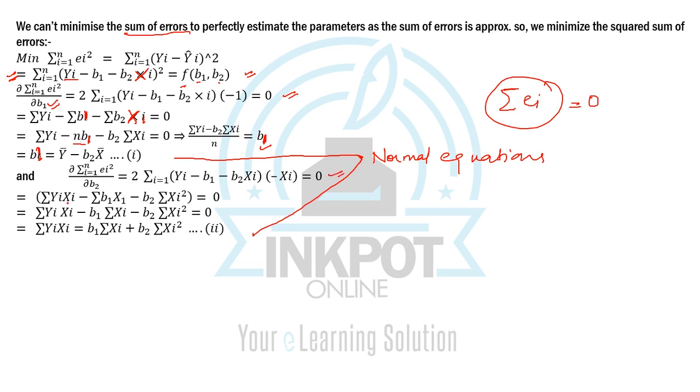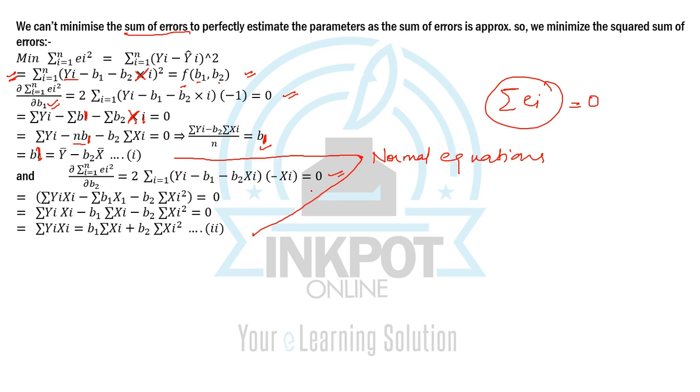Now this 2 will go to the right hand side and we'll multiply this xi with each and every term here, and the summation also. So you'll get summation yi times xi minus summation b1 times xi minus b2 times summation xi square. Please do not make the mistake of sending this xi to the right hand side and making it 0.